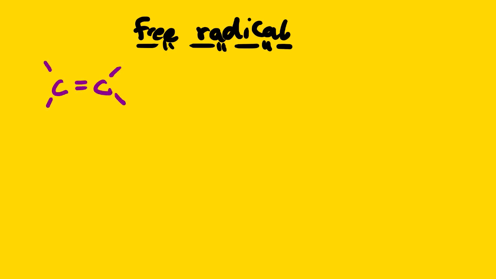We know that an alkene has a double bond between carbon and carbon, and we know that our hydrogen bromide is hydrogen bonded to bromide, and then we normally use ROOR to represent the peroxide. So let us look at the mechanism.